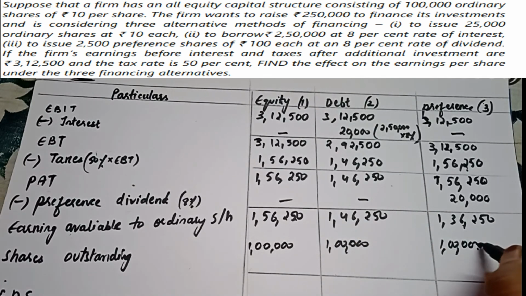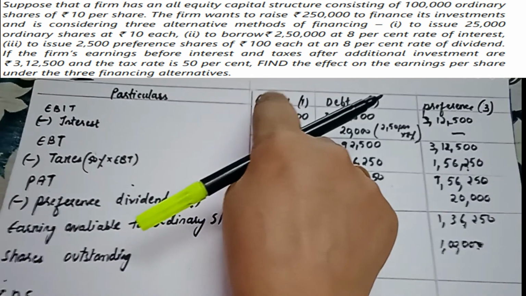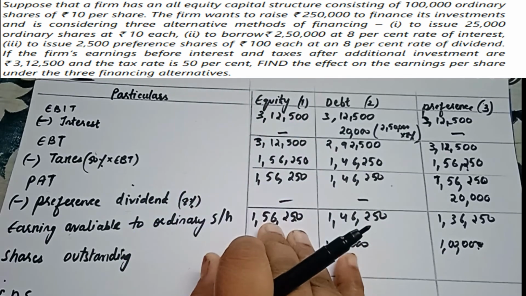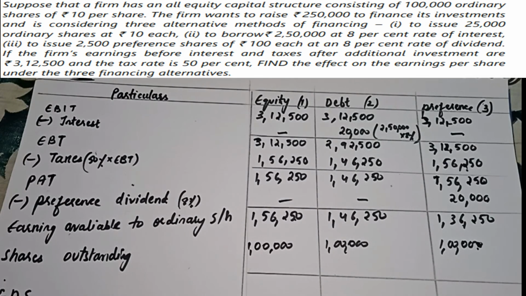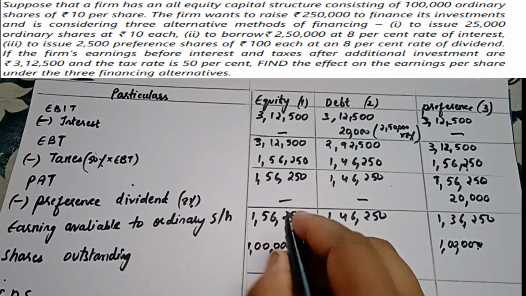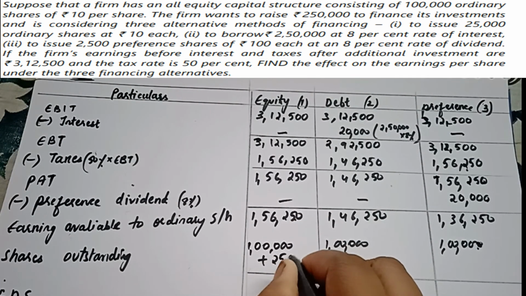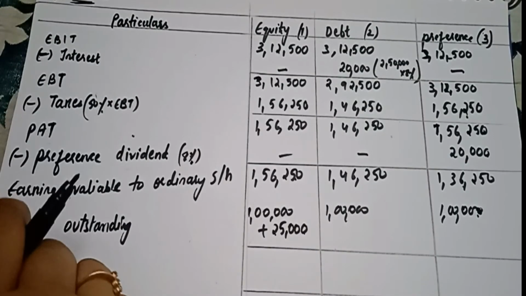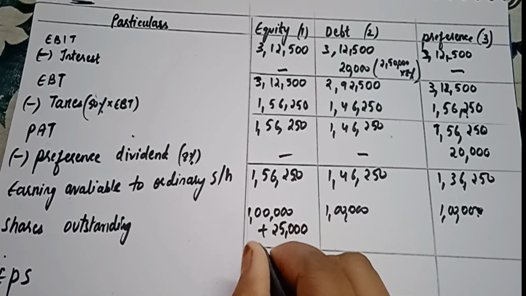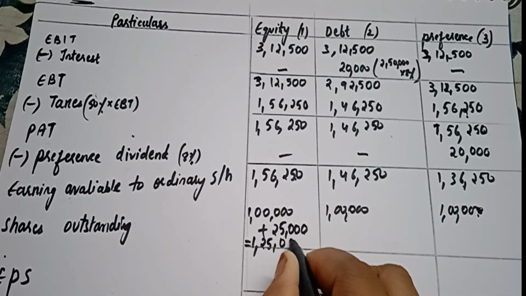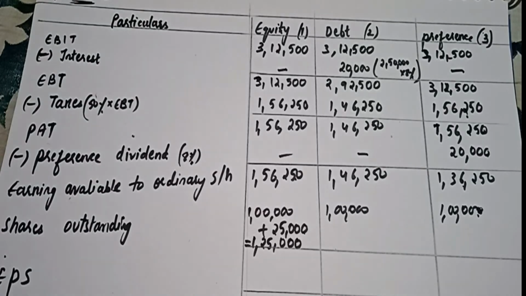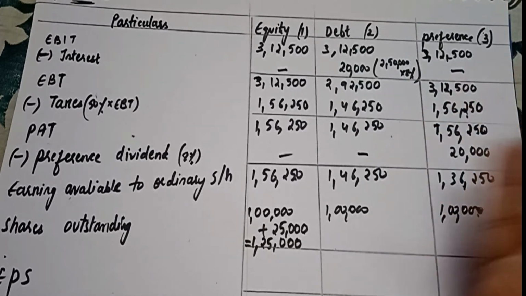But the special thing is that we are raising equity in this option. How many shares are you issuing? You're issuing 25,000 shares, right? So the total number of shares outstanding till the end of the year, considering all the possibilities, is 1,25,000. Here it is 1 lakh, here it is 1 lakh. There's no change in the equity shares because we are getting the required amount from debt and preference respectively.